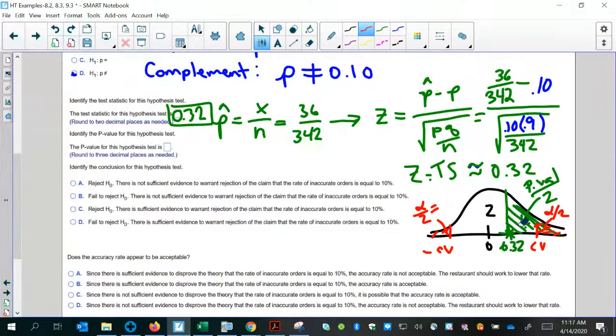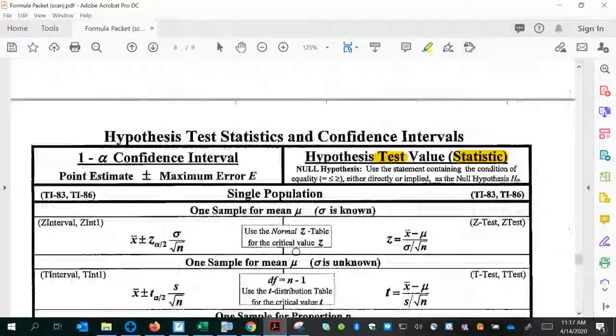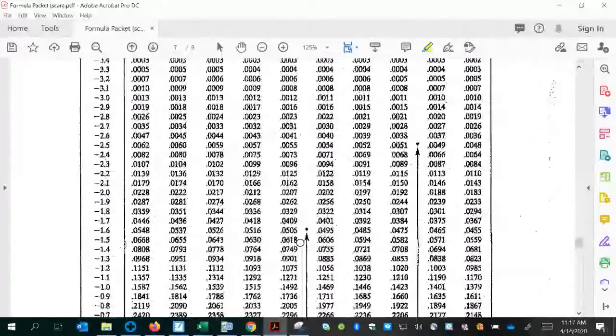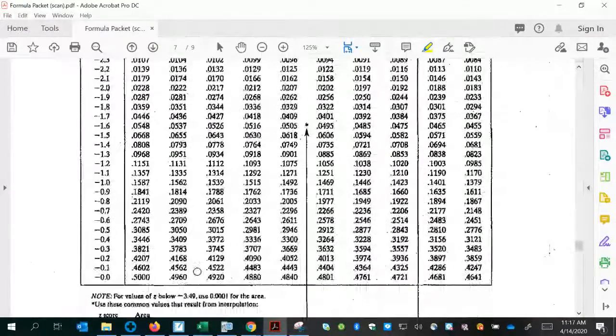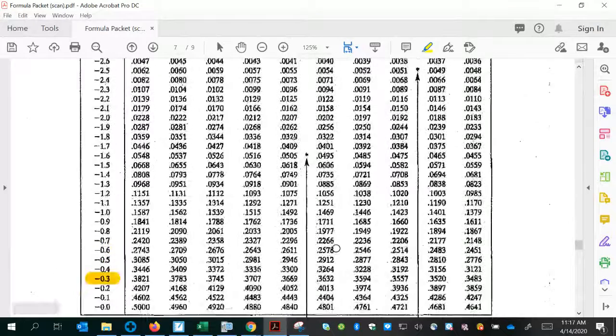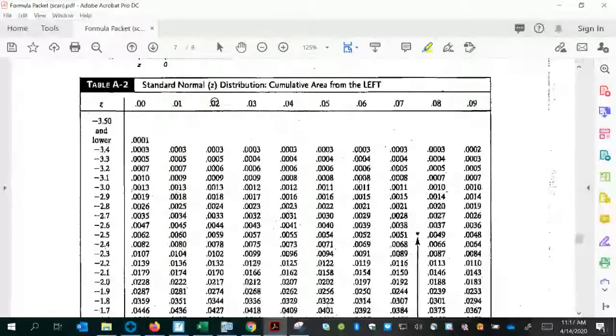So how do we find an area under the normal curve with a z-score of 0.32? We can look up 0.32 in the negative z-score table as a z-score, so it'll be on the outside. So we're going to be looking up where it says 0.3 and the top where it says 0.02.